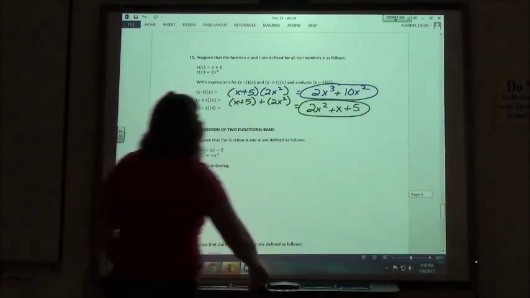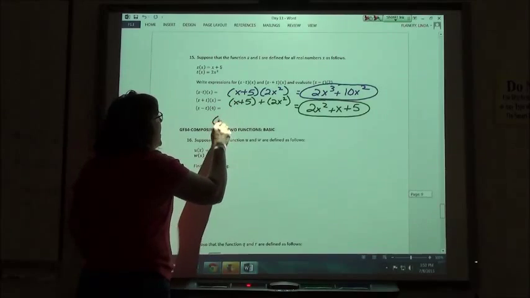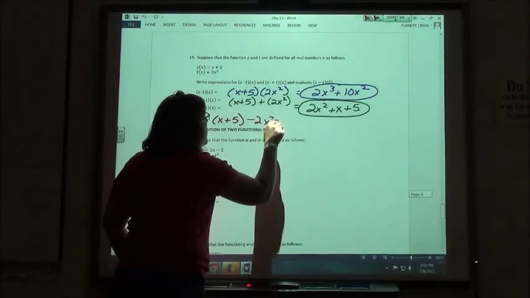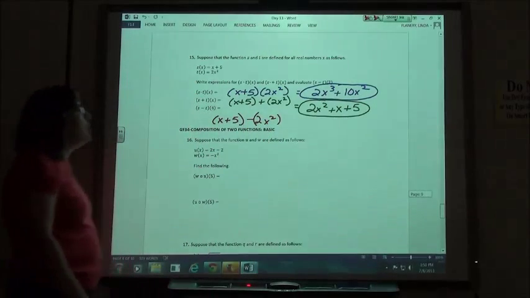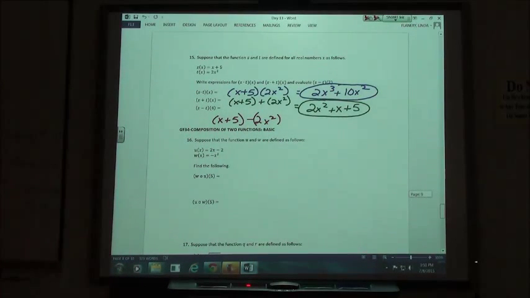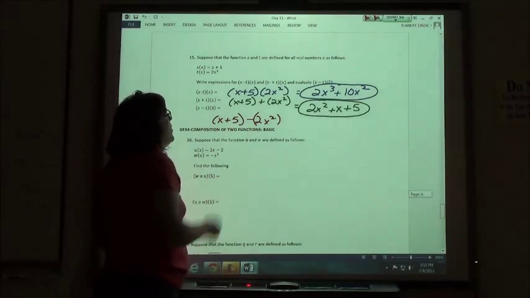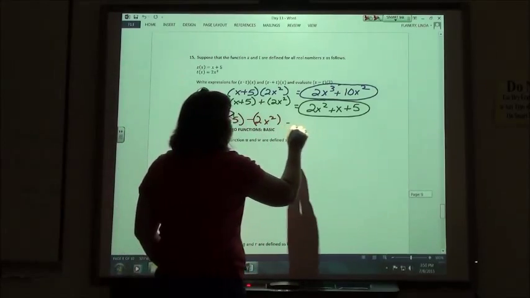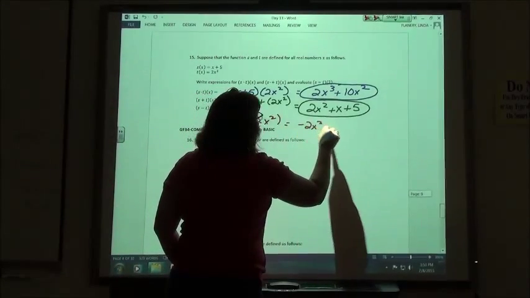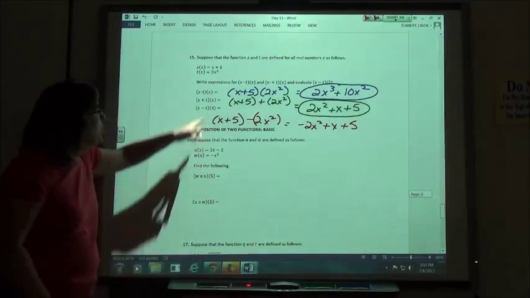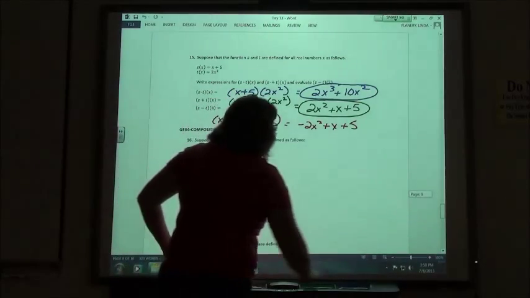For the s minus t, I'm going to take x plus 5 and I'm going to subtract my 2x squared. Again, I really don't need the parentheses since there's only one term there, but if it were a binomial or a trinomial, I need for sure to use the parentheses, so I'm going to put them there. Putting this in the best order, I'd have negative 2x squared plus x plus 5. But this one is the one we're going to evaluate at 4.